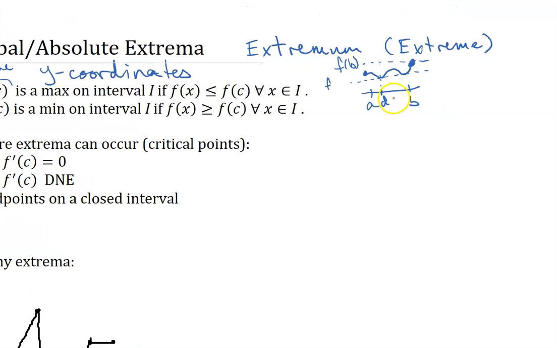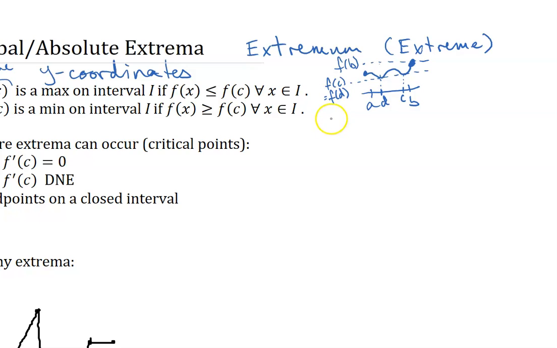Okay, so we'll call that point D, and we'll call this point C. So the heights at both C and D, so this is f of C, which is the same as f of D, since those two heights are the same. Since the height at those two points is less than or equal to every other height on the interval, the value of the function f of c or f of d is the absolute min, okay?